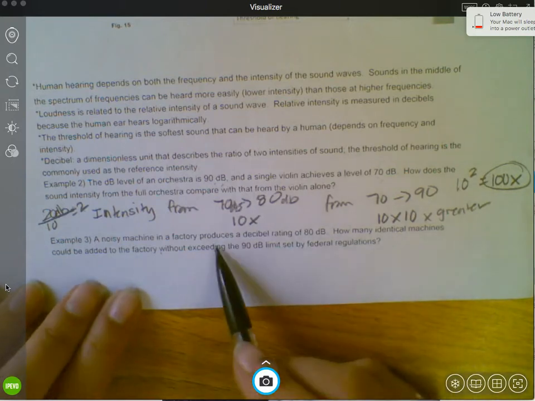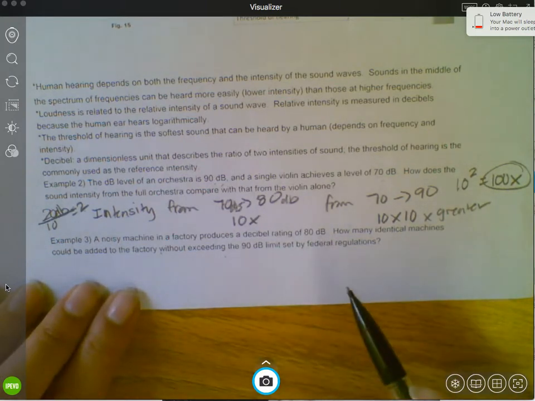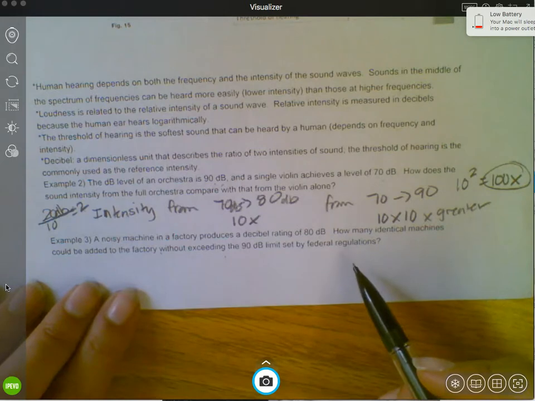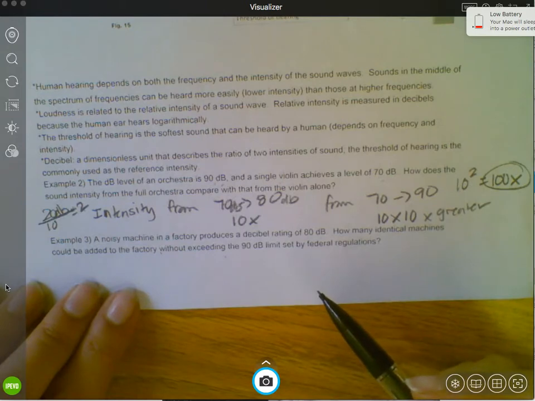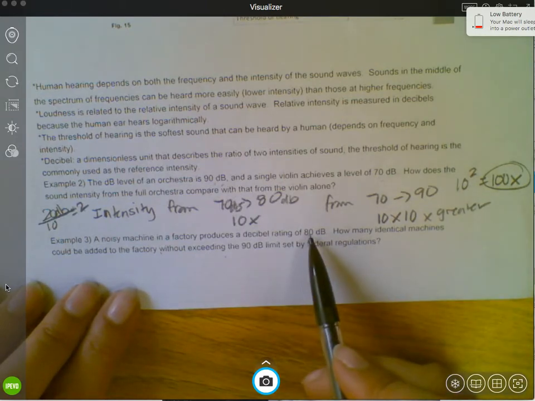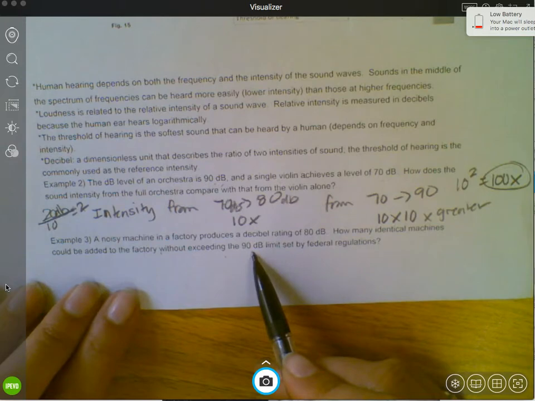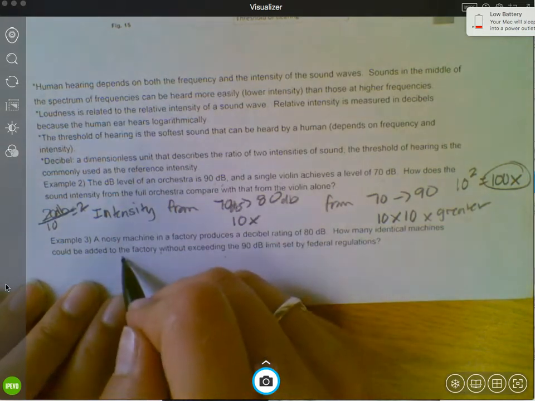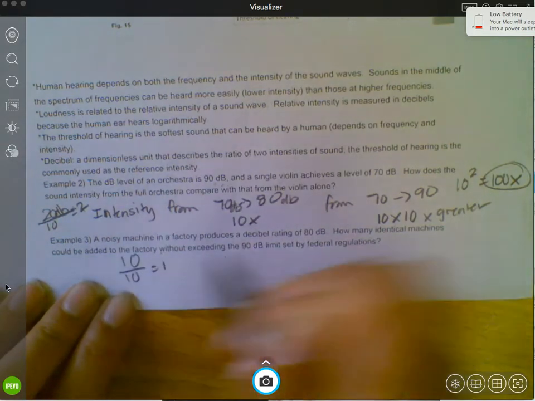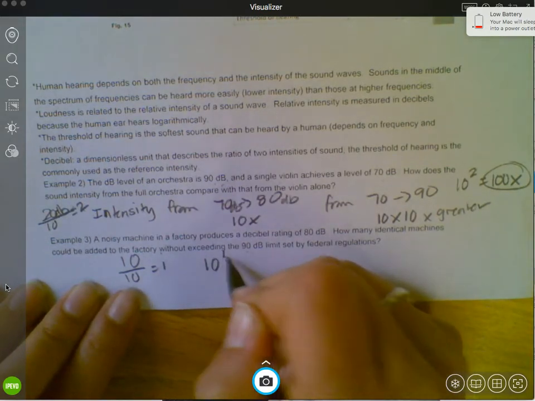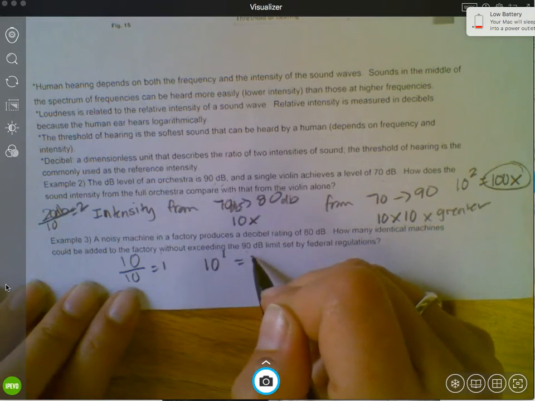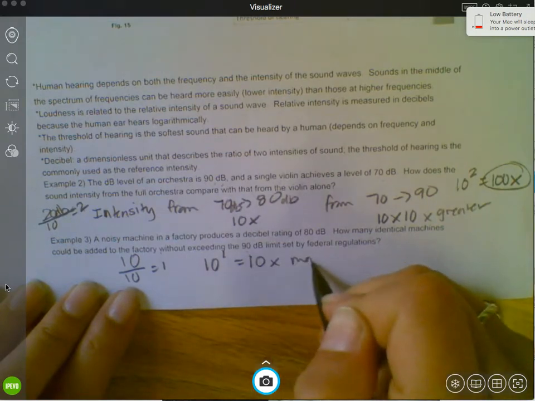So if you have one machine that creates 80 decibels, by putting another machine that creates another 80 decibels, you are not making it 160 decibels. Okay? To go from 80 decibels to 90 decibels, you're going up 10 decibels, right? So 10 divided by 10 is 1, which means that 90 decibels is 10 to the 1 times more intense. So 10 times more intense.